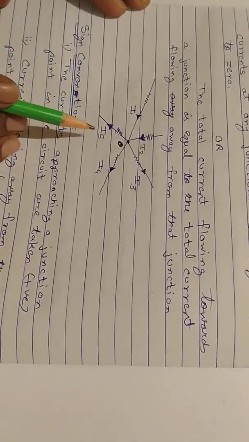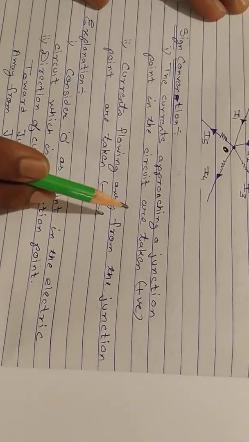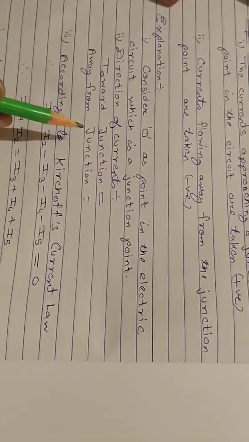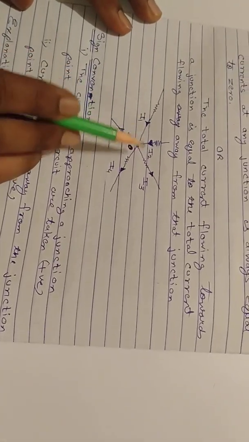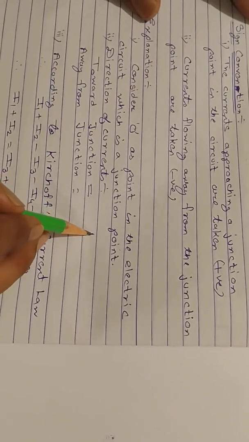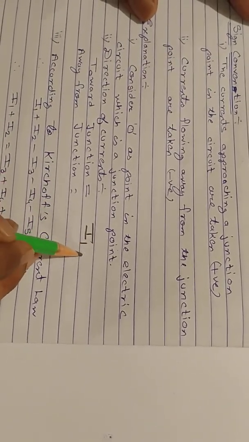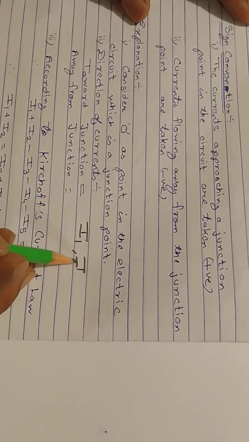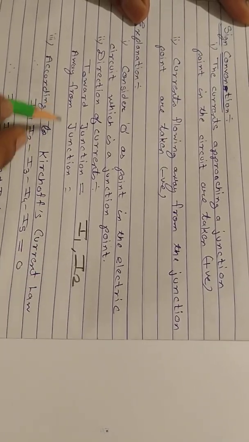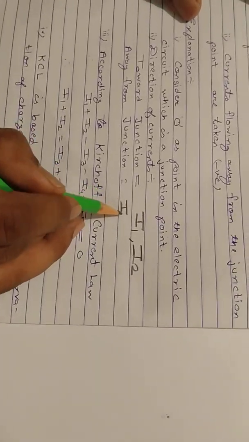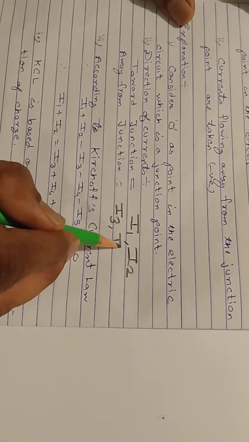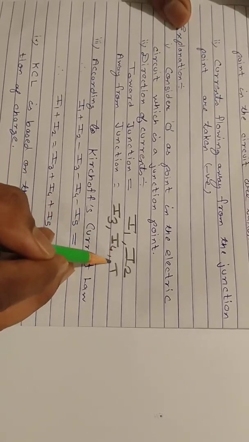Circuit diagram, sign convention, then explanation. So students, for the circuit diagram, we observe that I1 and I2 are moving towards the junction. Towards the junction, the currents are I1, I2. And moving away from the junction, the currents are I3, I4, I5.